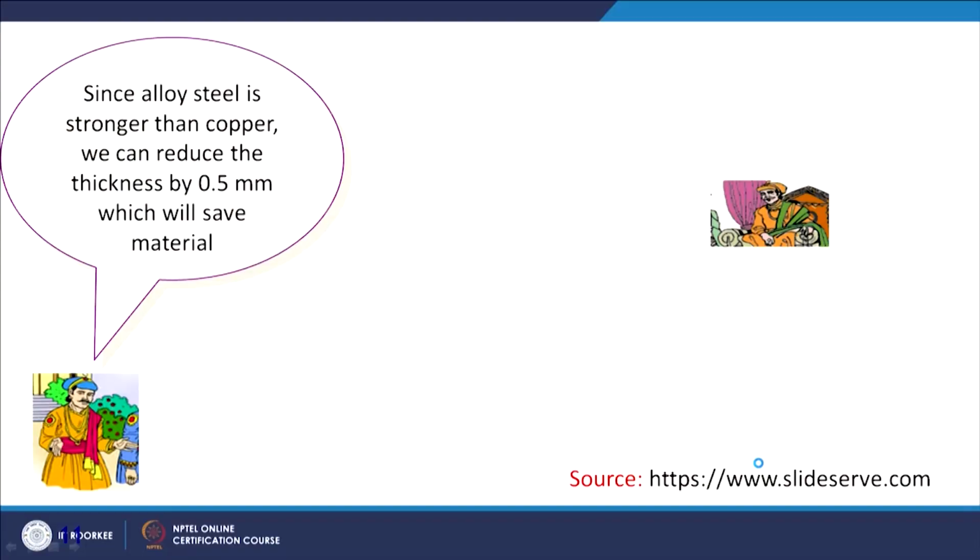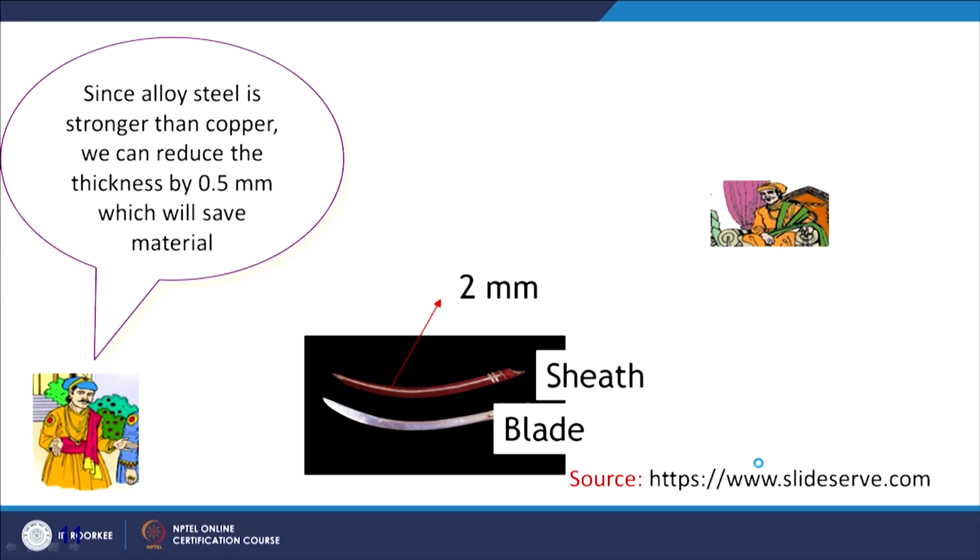Now the next idea is, since alloy steel is stronger than copper, we can reduce the thickness by 0.5 millimeter, which will save the material. So when we are switching the material, we can also optimize the thickness of the sheet that we are going to use. Basically the sheath is made of copper, earlier it was 2 millimeter.